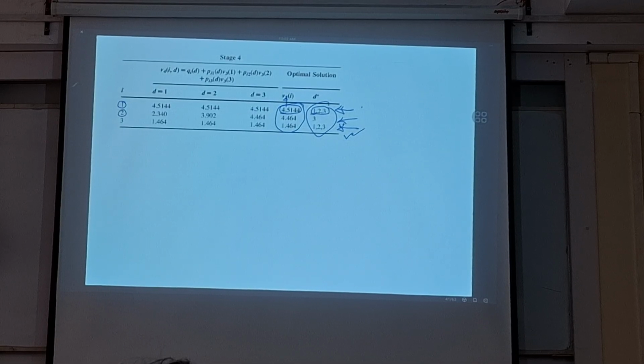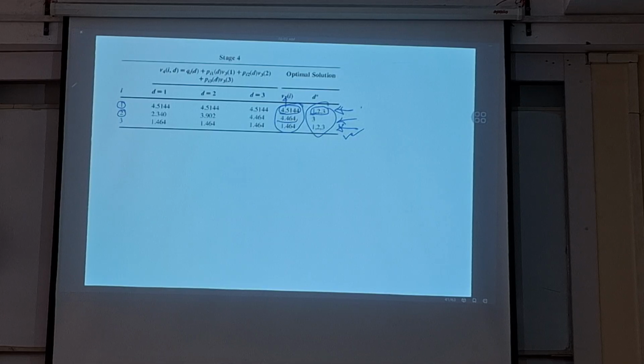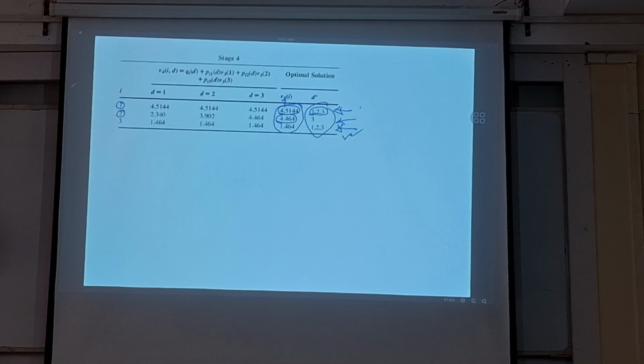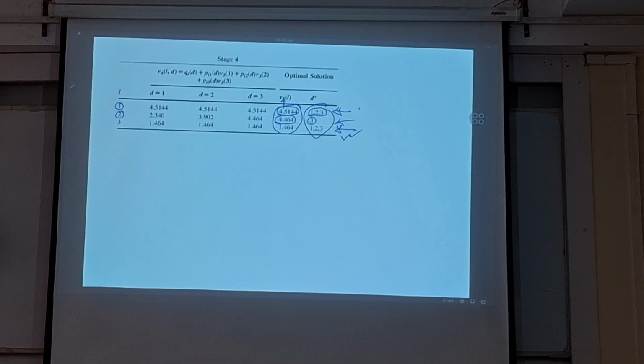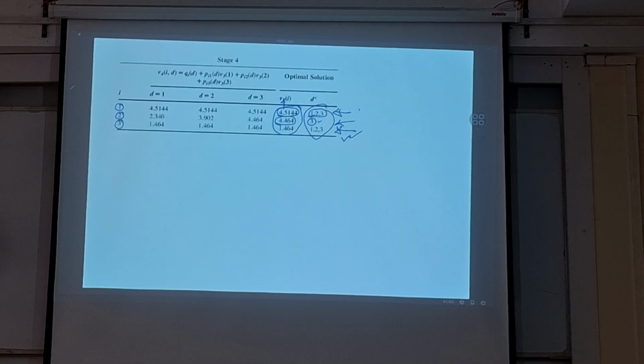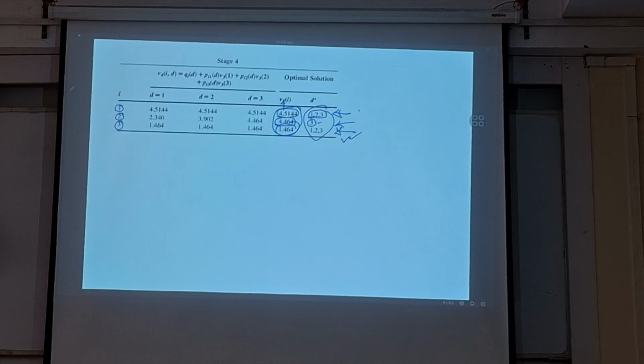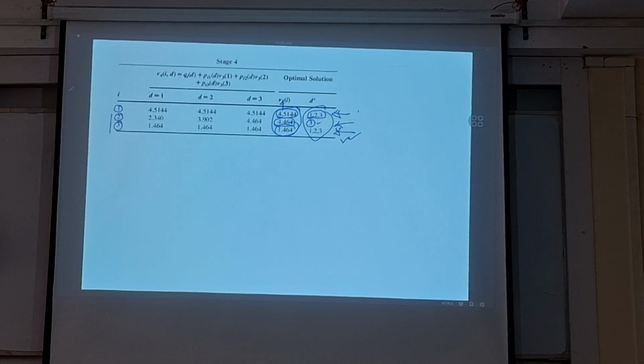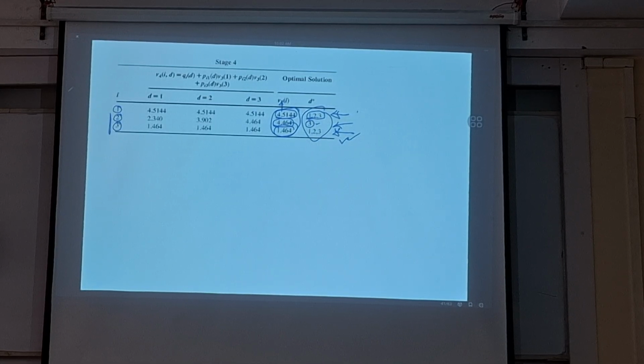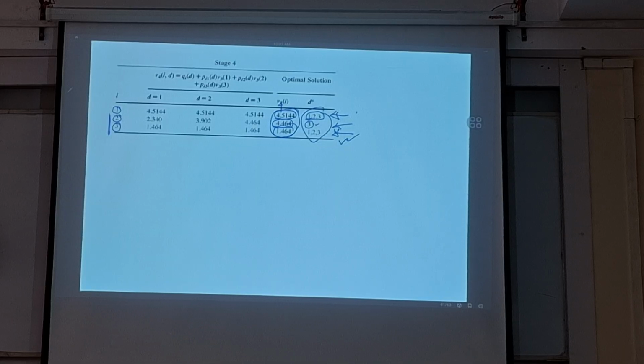Then if we start in stage 2, after 4 stages, the optimal reward will be this one, and this will happen only when we use policy 3. And if we start in stage 3, the optimal reward will be this one. So you can see here we have a little different thing.